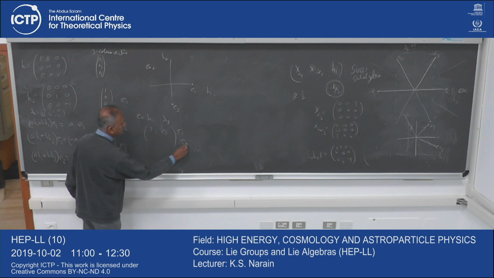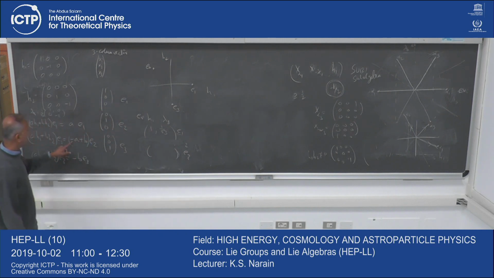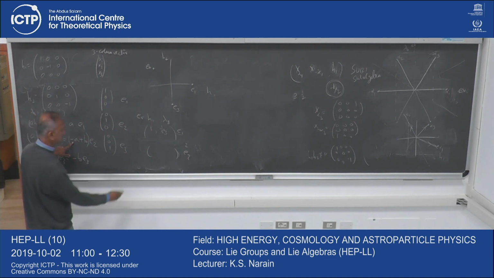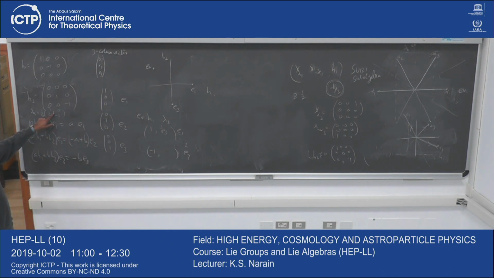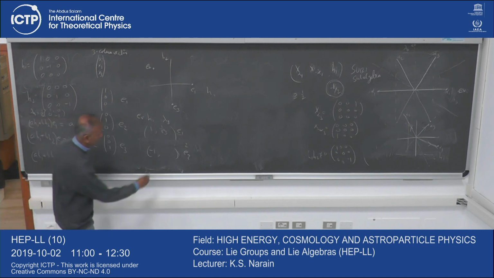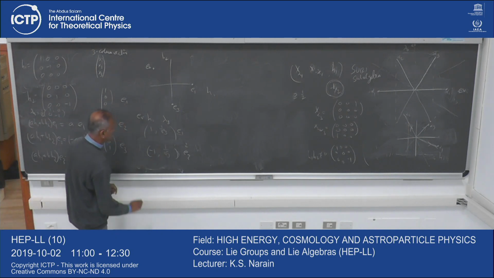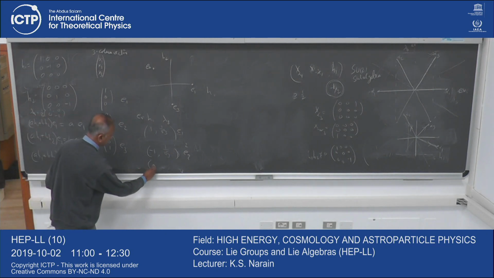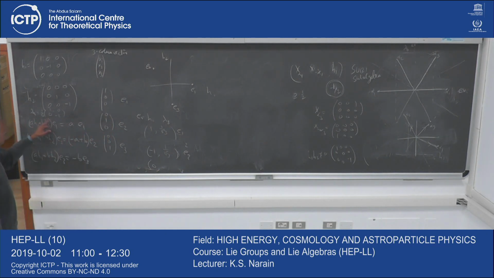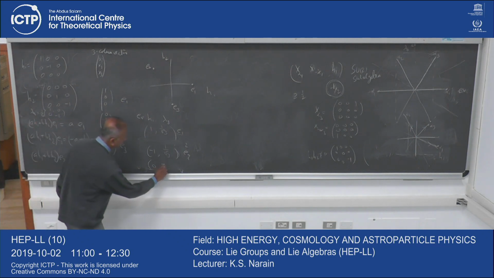For E2, we find this will be -1, and here is again plus 1 over root 3, because of the second column that's going to multiply. And finally the last one, E3, is 0, and here you get -2 over root 3.